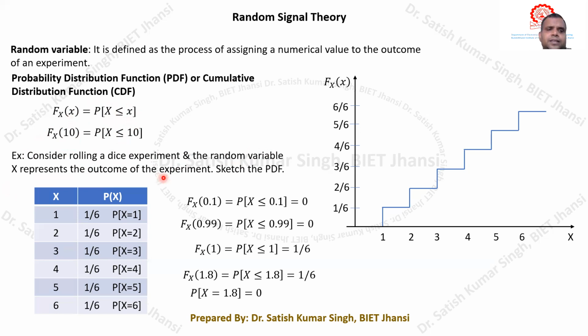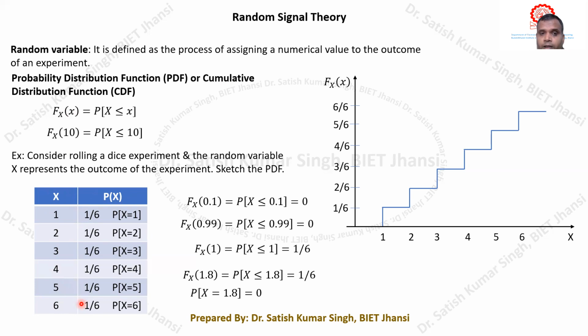If we represent all the outcomes with the random variable capital X, then the possible outputs will be 1, 2, 3, 4, 5, 6, because there are 6 faces and these 6 numbers are written on them. Now, what is the probability of getting each of these outputs? As we know, all the outcomes from 1 to 6 are equiprobable.